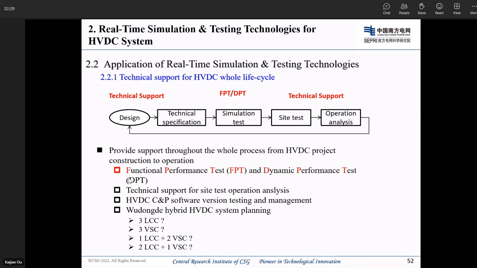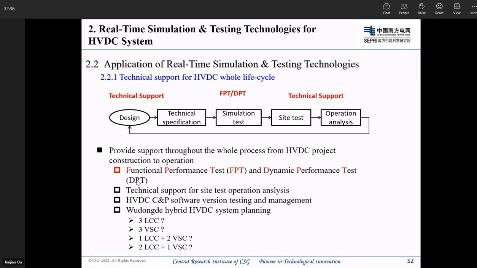First, we use RTDS to do the FPT, the functional performance test. And the DPT, the dynamic performance test of the HVDC project.